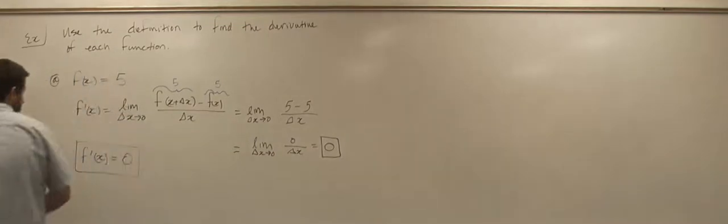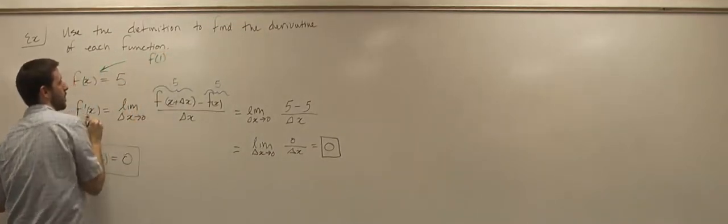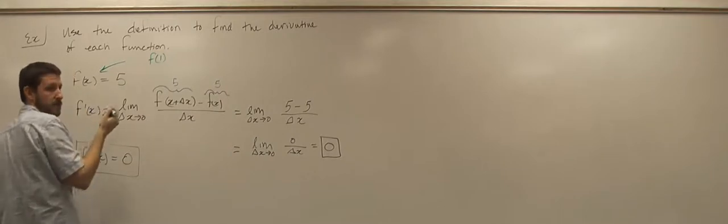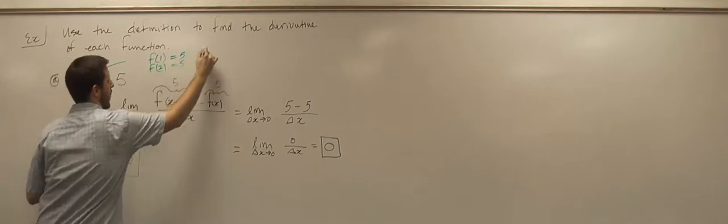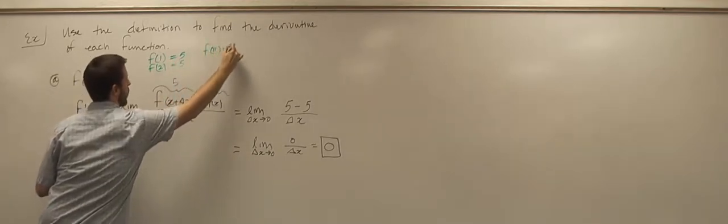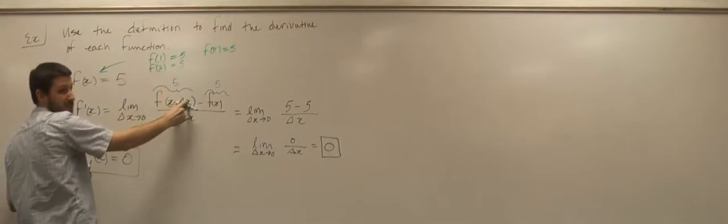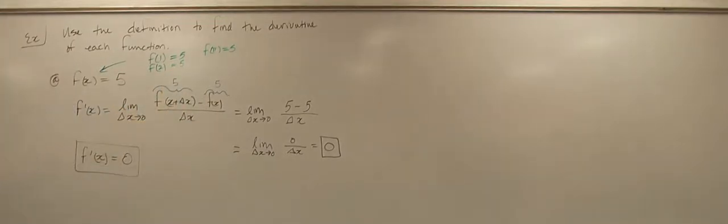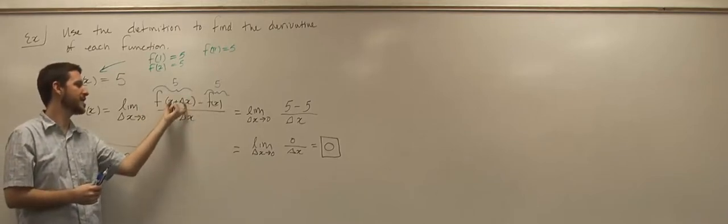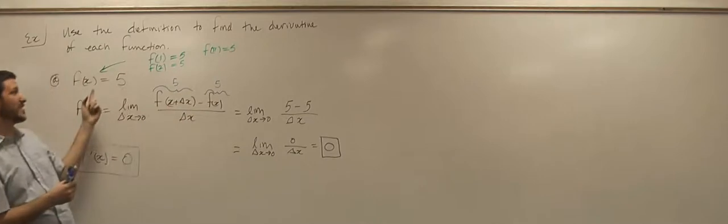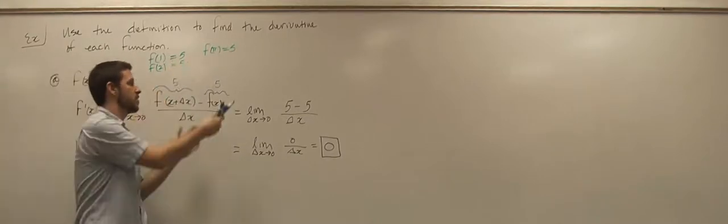Well, what's f of 1? 5. What's f of 2? 5. What's f of pi? 5. No matter what I plug in, it's 5. So these aren't two different functions, they're the same function evaluated at different places. Since it's always the same no matter where you evaluate it, you get 5.